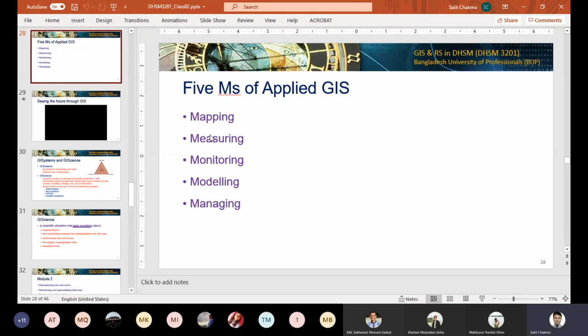And whenever you are asking for a map, please be careful. I will give you an example why you have to be careful. Day before yesterday, a friend of mine asked me, do you have any GIS map of Dhaka? Dhaka could have multiple scales or multiple boundaries. For example, Dhaka itself, division, and then there is district of Dhaka.